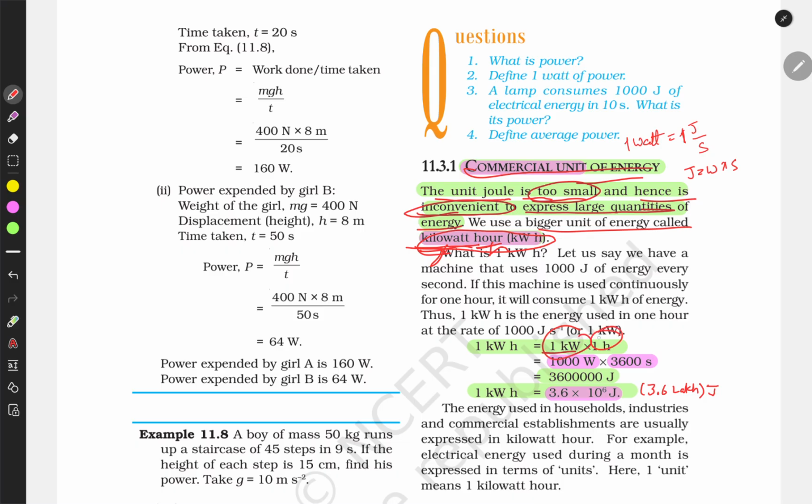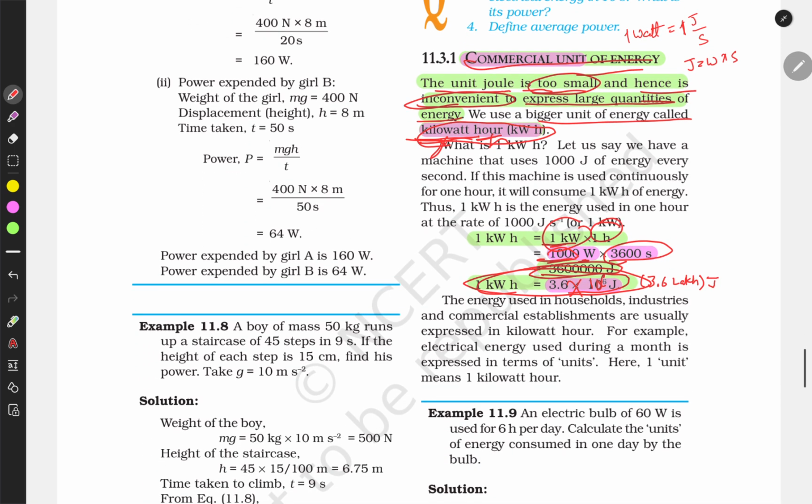Kilowatt and hour. 1 hour has that many seconds, and 1 kilo means 1000 watts. So by multiplying this, 1 kilowatt hour has 3.6 into 10 to the power 6 joules of energy. 3.6 lakh joules.